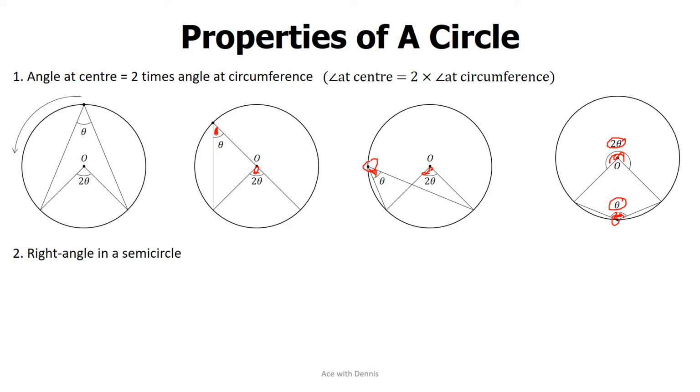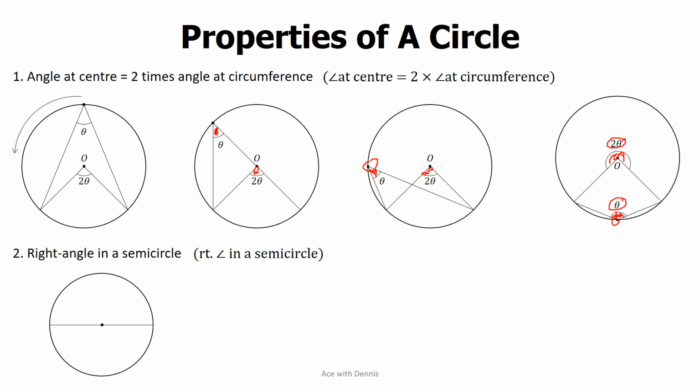Property number 2, right angle in a semicircle, or in short form, right angle in a semicircle. This property involves the diameter of the circle.